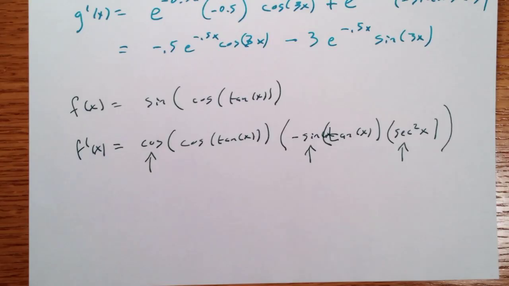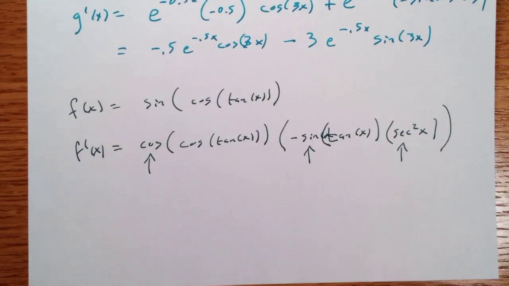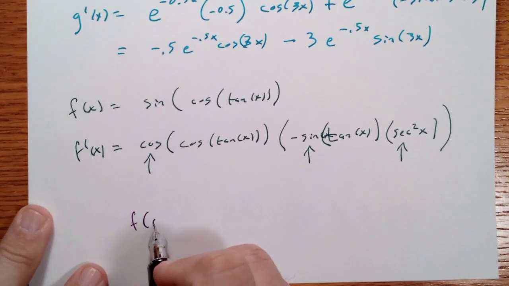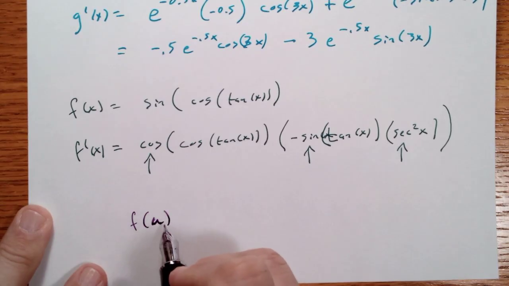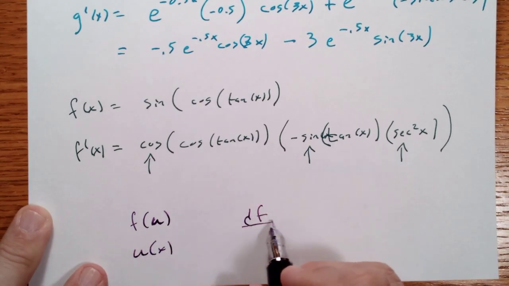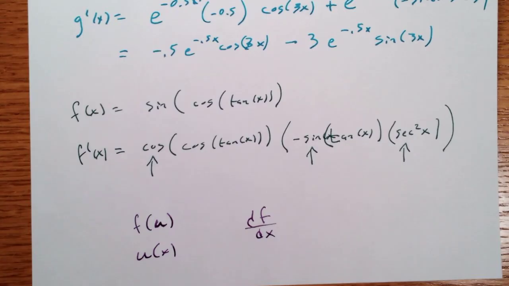I believe the easiest way to know when to stop is to think of all of these derivatives in terms of what variable we are using. Remember, I was writing f of u, and I was writing u of x, and we were taking our derivative df dx.